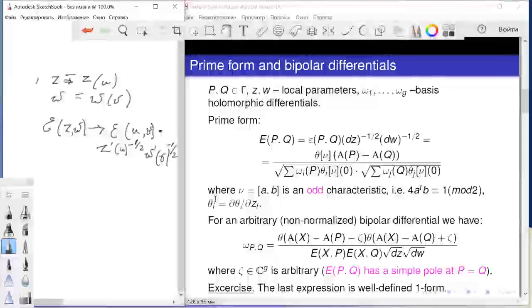It is a very important property of E of PQ that it has a simple pole at P equal to Q.